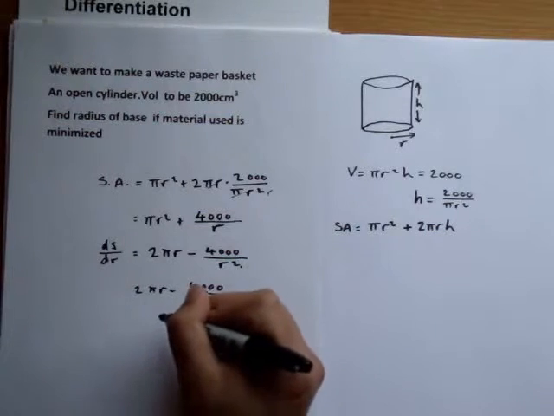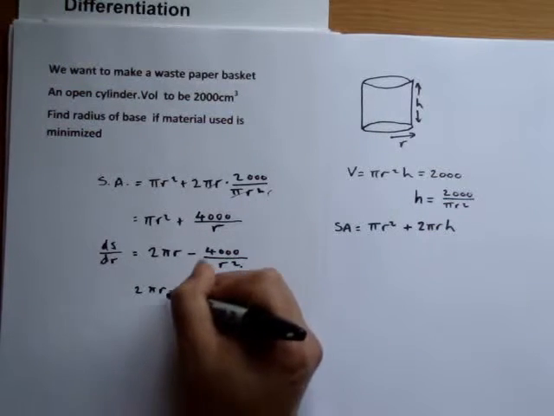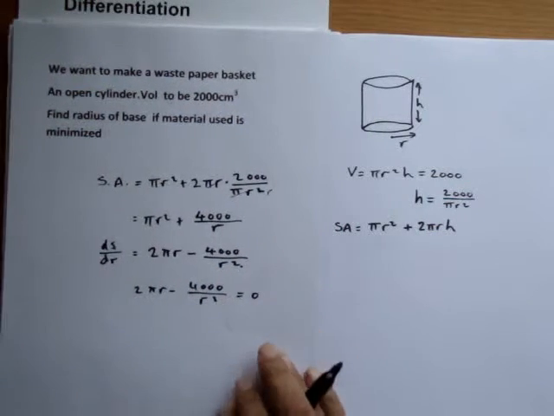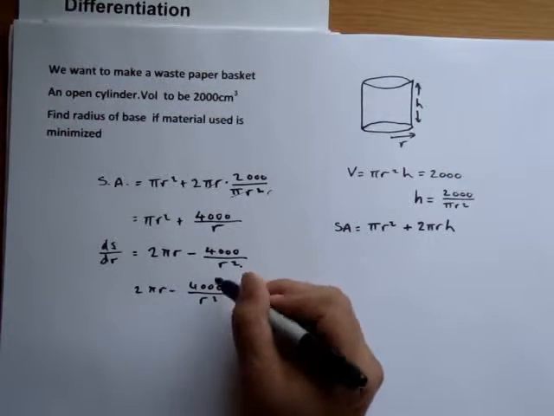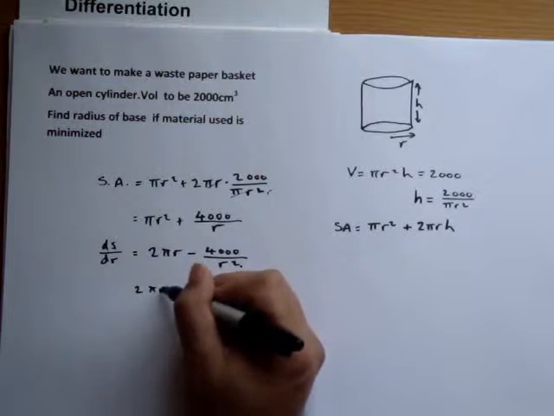To get rid of the r squared, we multiply both terms by r squared.